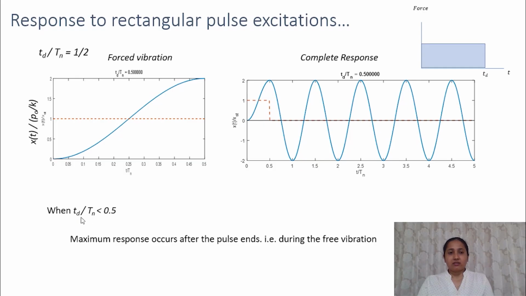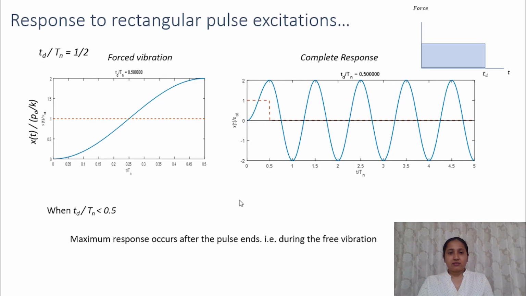Based on the results which we have seen so far, when td by tn, that is the duration of the pulse divided by the natural period of the system, is less than 0.5, the maximum response occurs after the pulse ends. That is, the maximum response occurs during the free vibration. This is the result for td by tn equal to half.